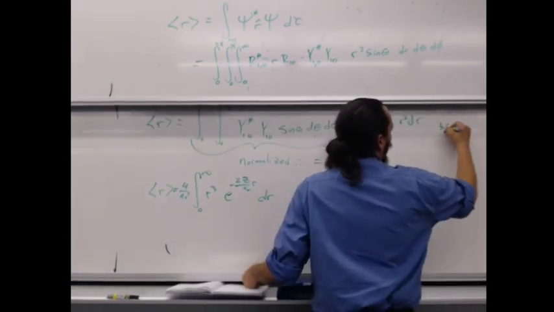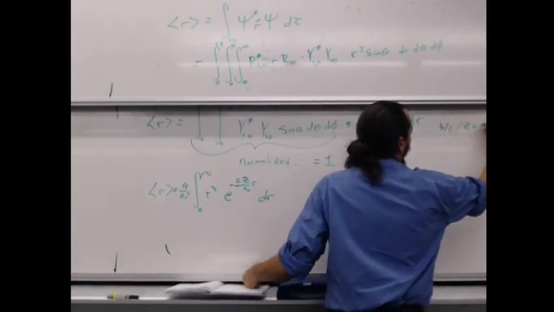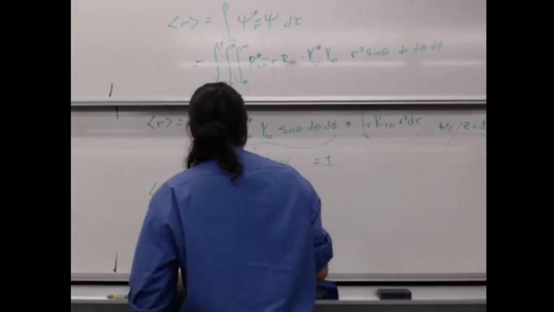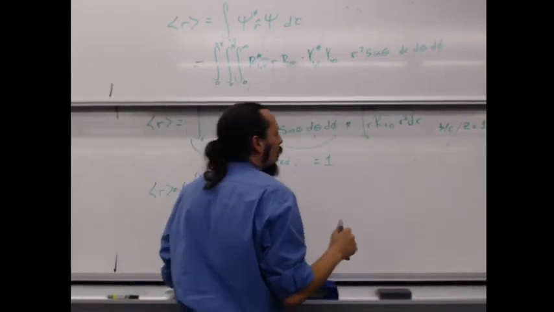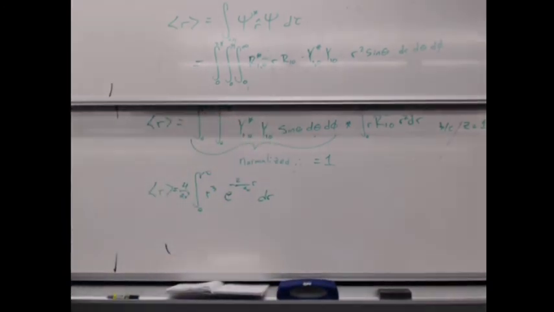Actually, I can erase that z as well because z is equal to 1. You have the r squared? And this one's symmetrical. Yes.